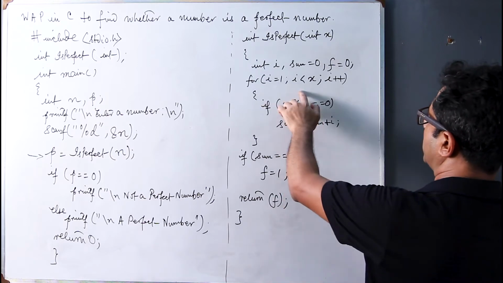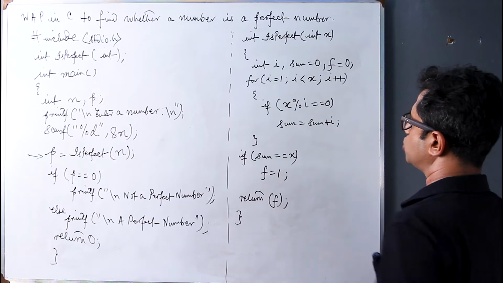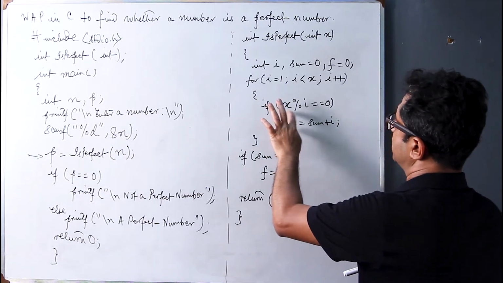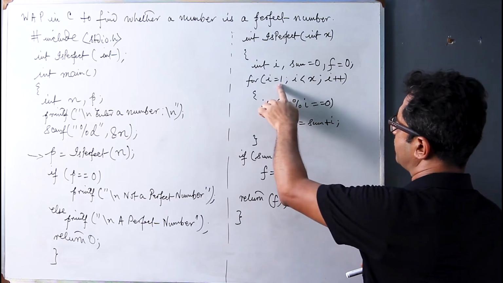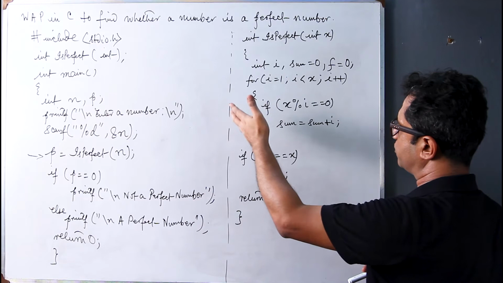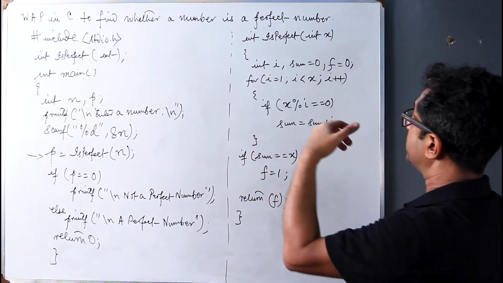So i is equal to 1, i less than x, i plus plus. Then comes the if checking portion. We will see whether x is divisible by the respective i value in that particular iterative step. In the first iteration, i is 1.